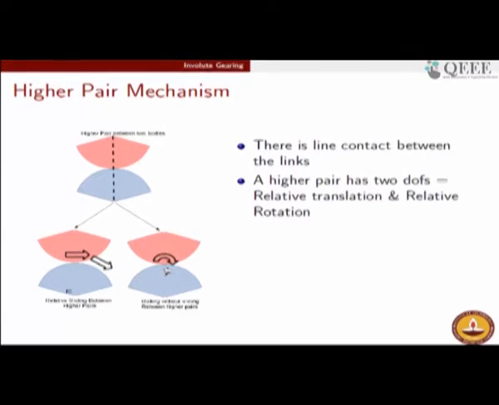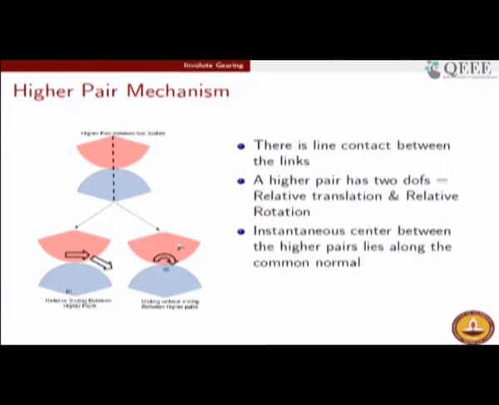So, for example, in a prismatic joint only translation is allowed, in a revolute joint only a rotational motion is allowed, whereas in this sort of a higher pair mechanism both are allowed, and that is one of the characteristics of these higher pair mechanisms.